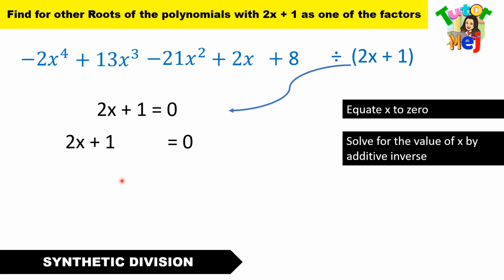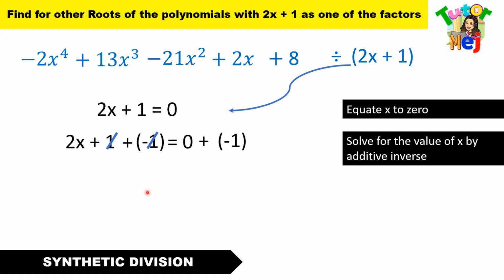So we'll put here 2x plus 1 equals 0. Then we'll add the additive inverse of positive 1, which is negative 1, to both sides of the equation. Okay, so having this now, we'll be canceling that positive 1 plus negative 1 because this will become 0. Therefore, we have here 2x equals negative 1.